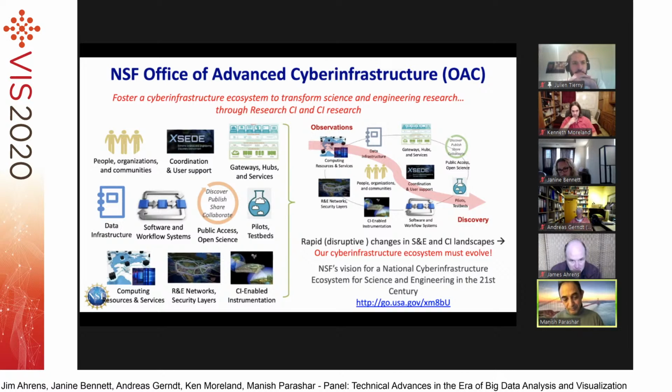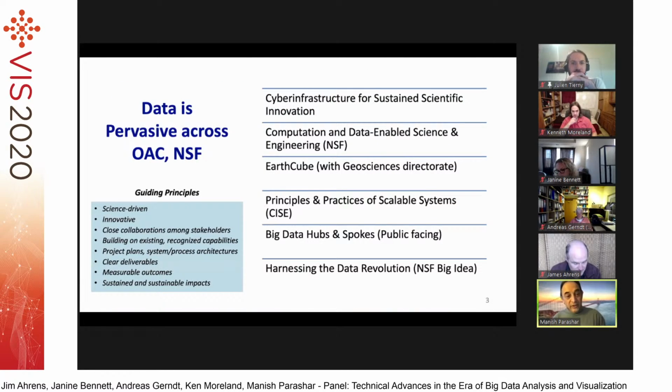Focusing on data, it is pervasive across many of the things we do at NSF and at OAC. And here's just a sampling of some of the different dimensions of the type of programs NSF has. Clearly, there is research in cyber infrastructure. There is research in building tools, software, services, and other mechanisms and methods to support science.